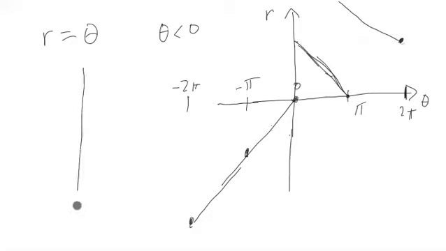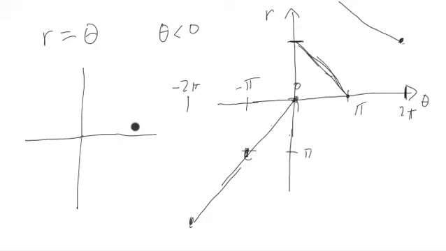Let's see what this will look like. What we're doing is taking a piece over here of the graph, and then translating it over here to see what it would look like positively if we change the angle. So as we go from 0 to pi, we actually start off right here, which would be at pi, the distance of pi.